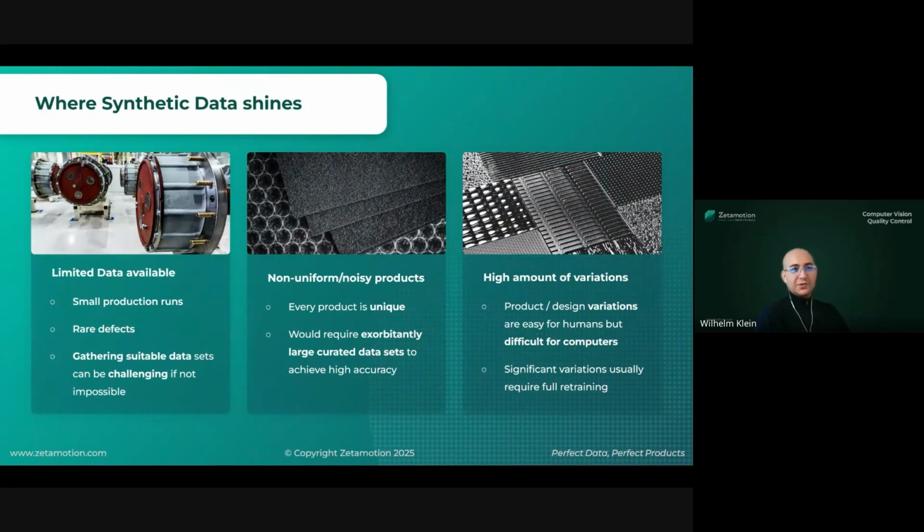Traditionally you would have to go out and do this whole data collection for every single variant, for every defect on every variant, and it just very quickly becomes totally uneconomical to spend all of that time to gather the data, curate it, and so on. So if this is a problem of yours, we should definitely talk, because this is exactly one of the problems that synthetic data is very good at addressing.